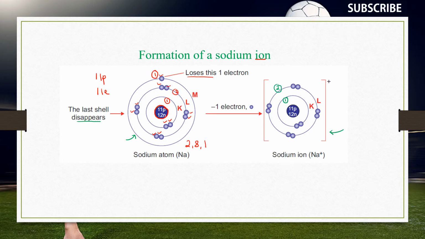And the new electronic configuration will be 2, 8, because it will have lost this 1 electron. However, the number of protons will remain 11. So we still have our 11 protons, but electrons have reduced to 10. And that means you'll have an extra positive charge of 1.